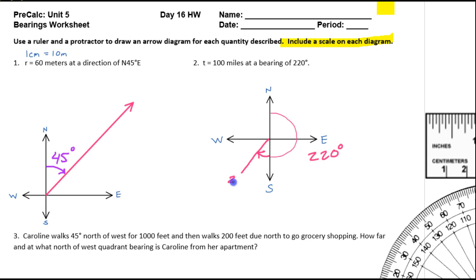So look, if this is bearing 220, and if this was 270, then that's a difference of 50. So that is the reference angle that we're dealing with, and that's what I'm going to use my protractor to create.